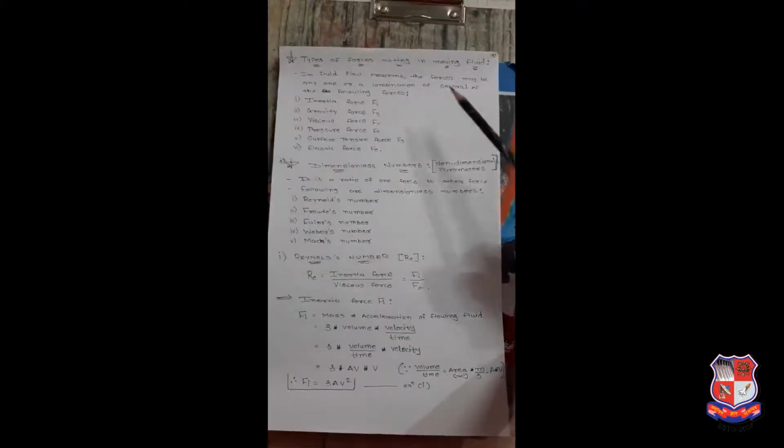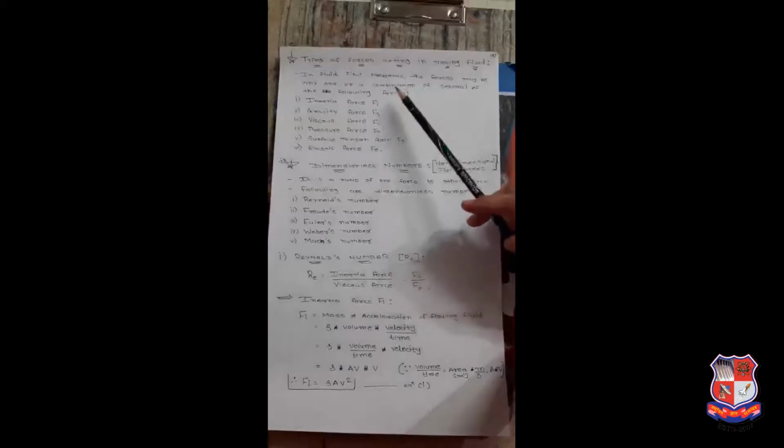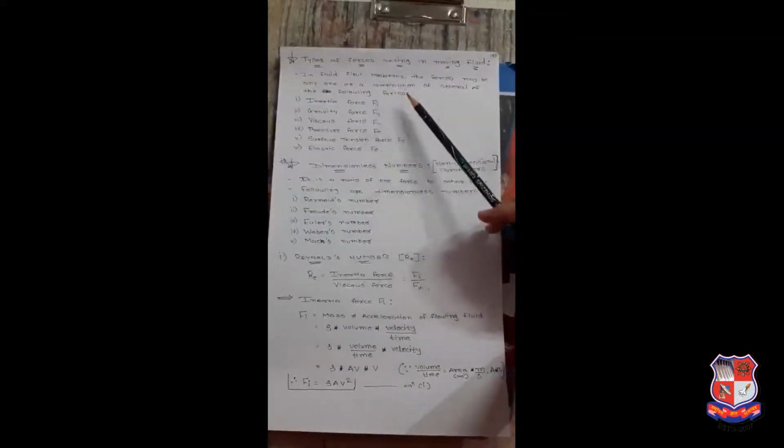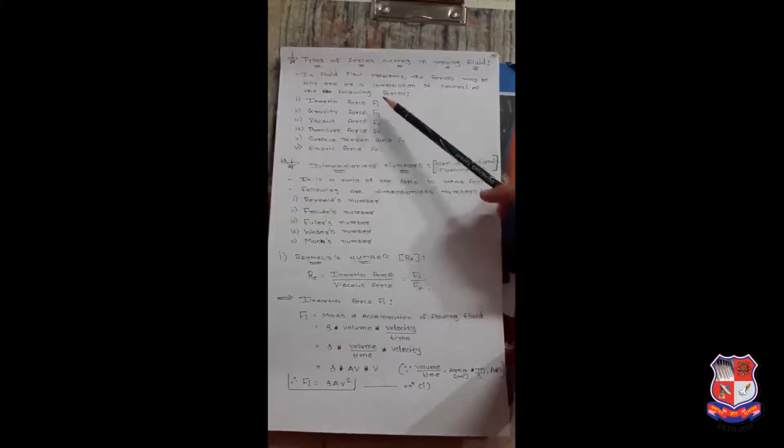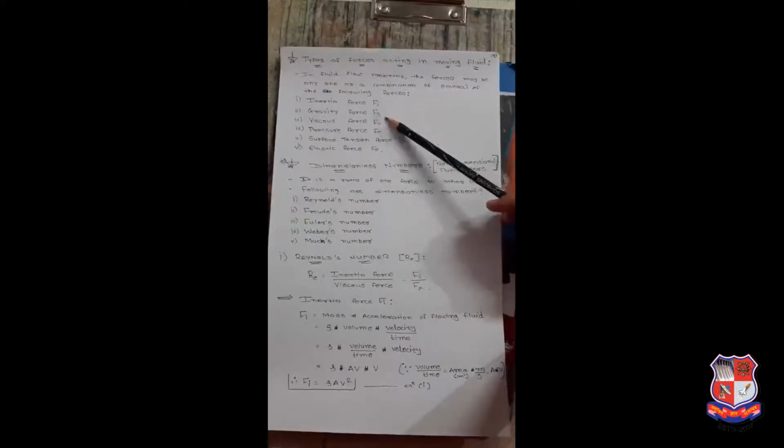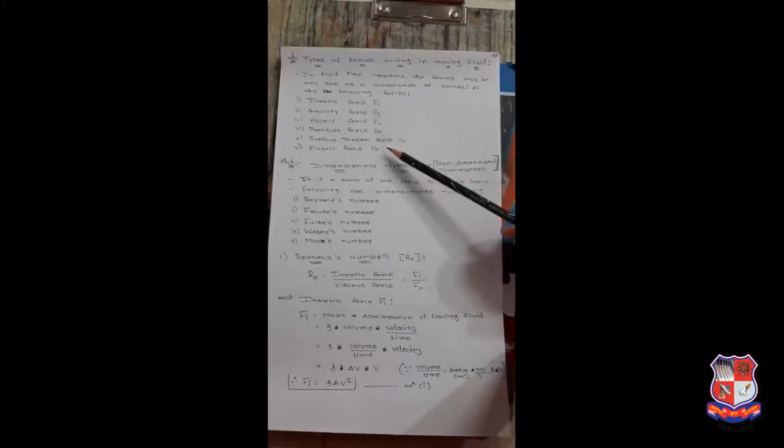Next topic is types of forces acting on moving fluid. In fluid flow problems, the forces may be any one or a combination of several of the following forces: inertia force, gravity force, viscous force, pressure force, surface tension force, and elastic force.